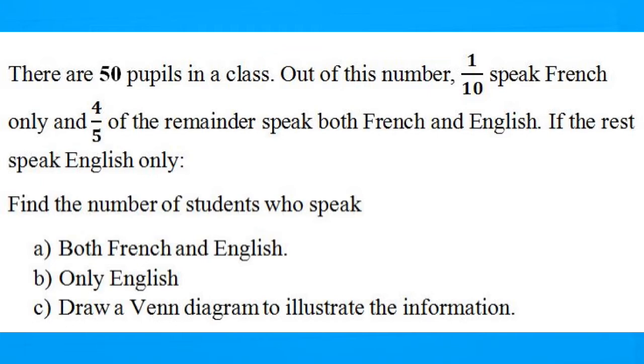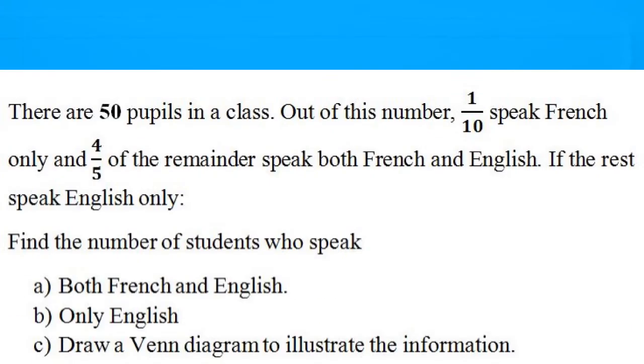So let's see how best we can solve this particular question. From the question, the total number of pupils in the class is equal to 50. And then the fraction that speaks French only is equal to 1 out of 10. And the fraction of the remainder that speaks both French and English is equal to 4 out of 5.